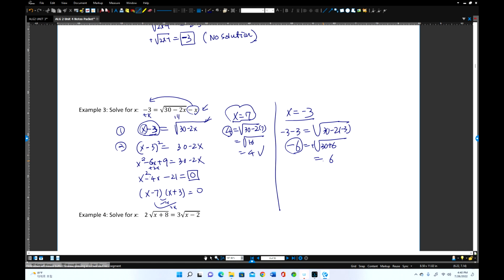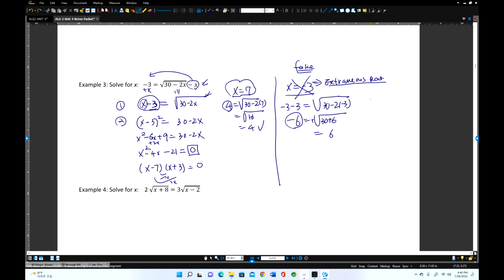A negative number cannot be equal to a positive number. This is not a solution. It's a kind of fake solution, and its exact name is an extraneous root. That is not a real solution.